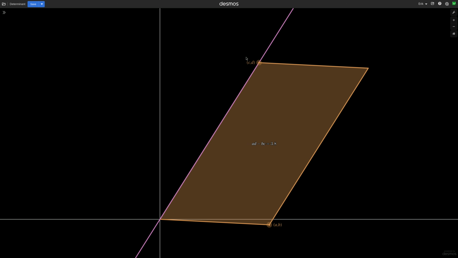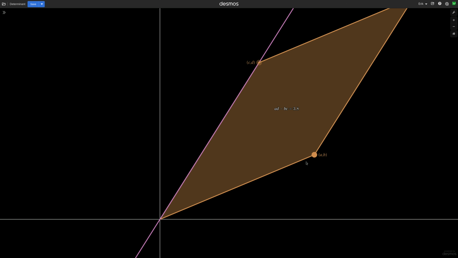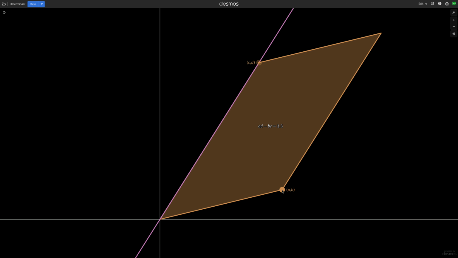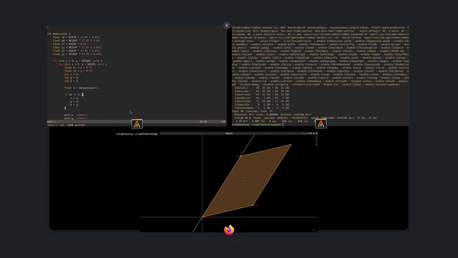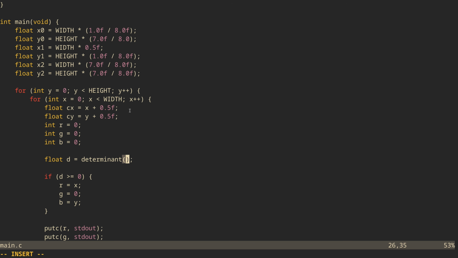This is V0, V1, and this is the point we're testing. So we want to take V1 minus V0 for the second point, and for the first point, we'll take center minus V0. So center minus 0, and then 1 minus 0.